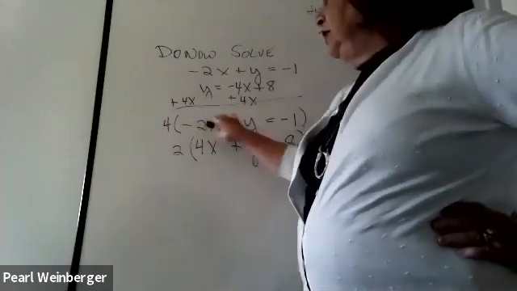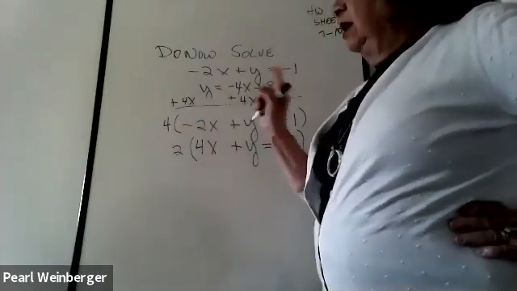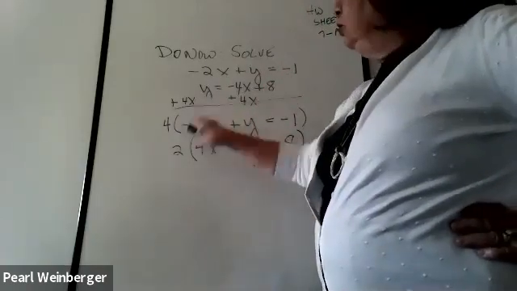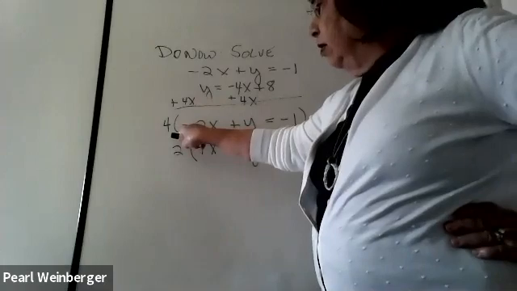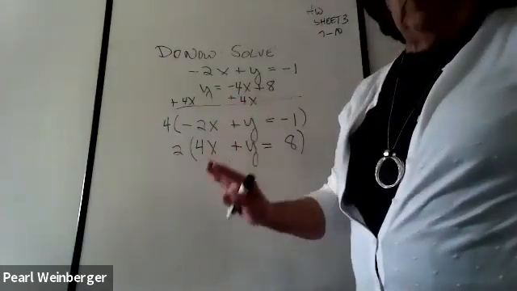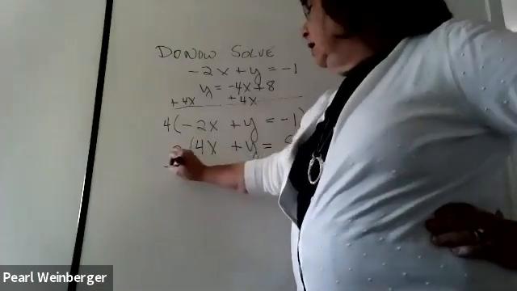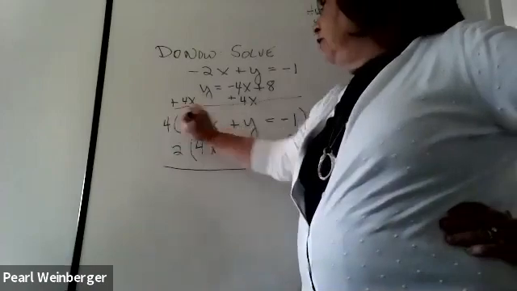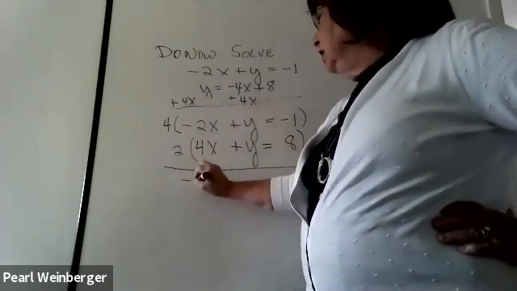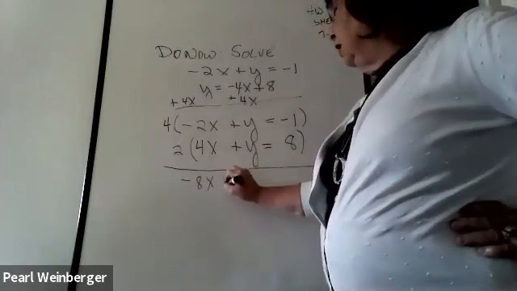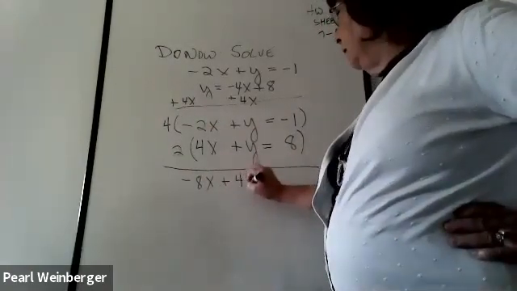That'll make both of these numbers 8. Now I decide if I have to put in a negative sign, but I don't, because this is already one negative and one positive, which is what I want it to turn out to be. So in my top equation, I'm going to get 4 times negative 2x, which is negative 8x. 4 times y is 4y.